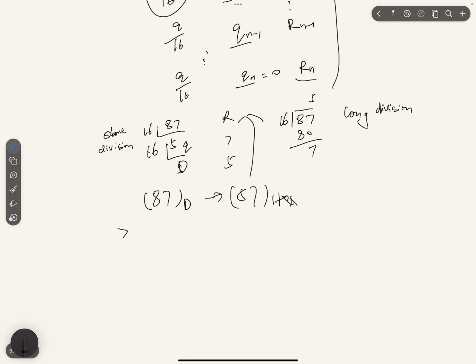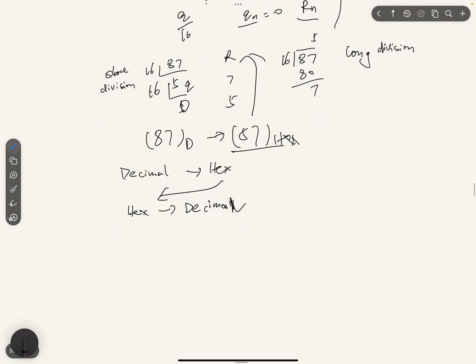Now we know how to convert decimal to hexadecimal. How can we convert it back from hexadecimal to decimal? In order to test this result, let's say we have 57 in hexadecimal and we want to convert to decimal.